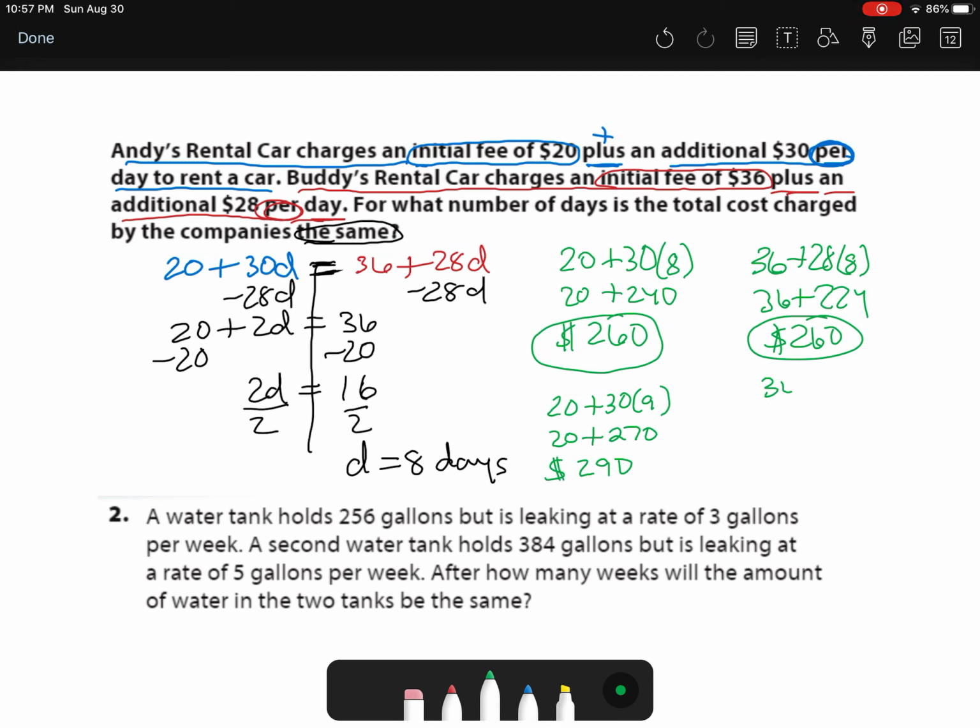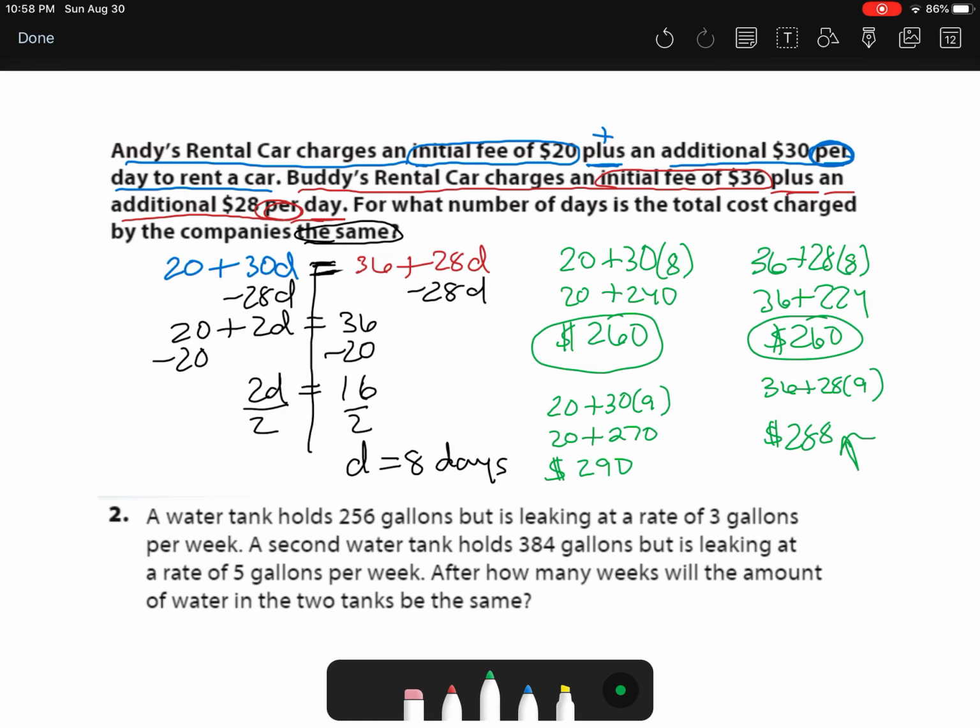Now let's do Buddy's. 36 plus 28 times 9, and we get $288. So if you rent for more than 8 days, your best bet is going to be Buddy's. If you go less than 8 days, your best bet is going to be Andy's.